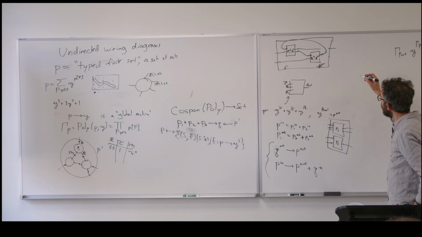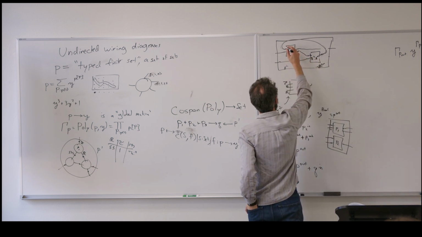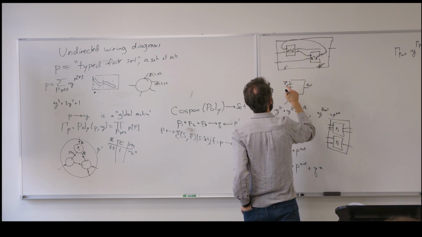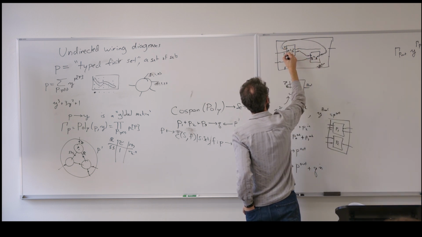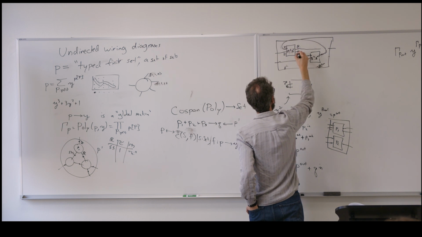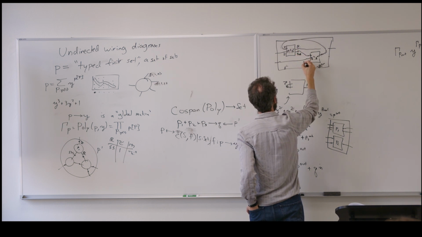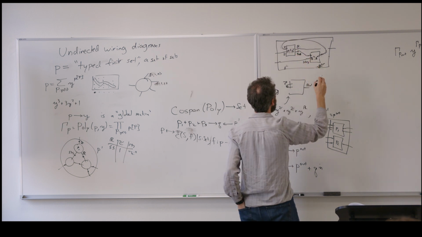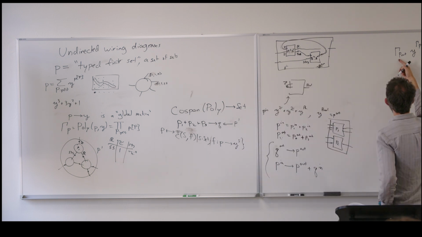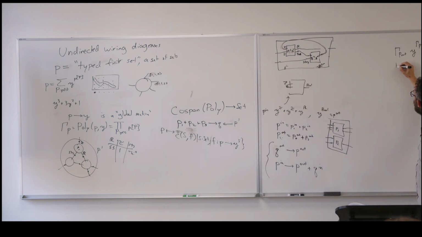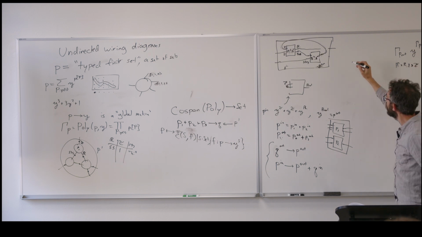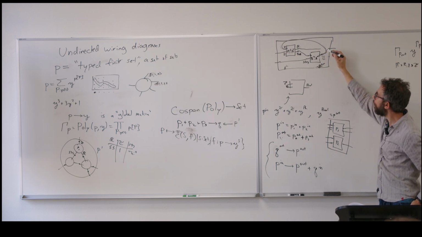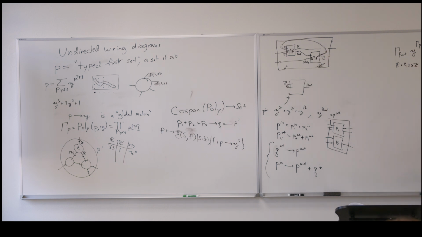Well, in our case, if this was an integer, and this was a real, and this was a Boolean, and this was a string, then global sections of P out would be reals times Boolean times integers. It'll be the product of everything that they're sending out at any given time.